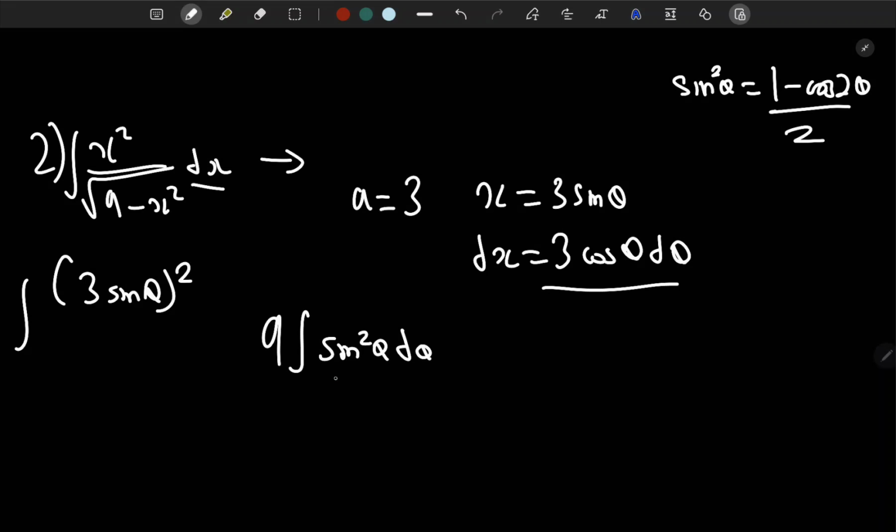So we can replace sine squared with the identity, giving 1 minus cosine 2 delta over 2 d delta. We can take the 2 outside, since it's easier to integrate like this. So all we have left is 9 over 2 times the integral of 1 minus cosine 2 delta.